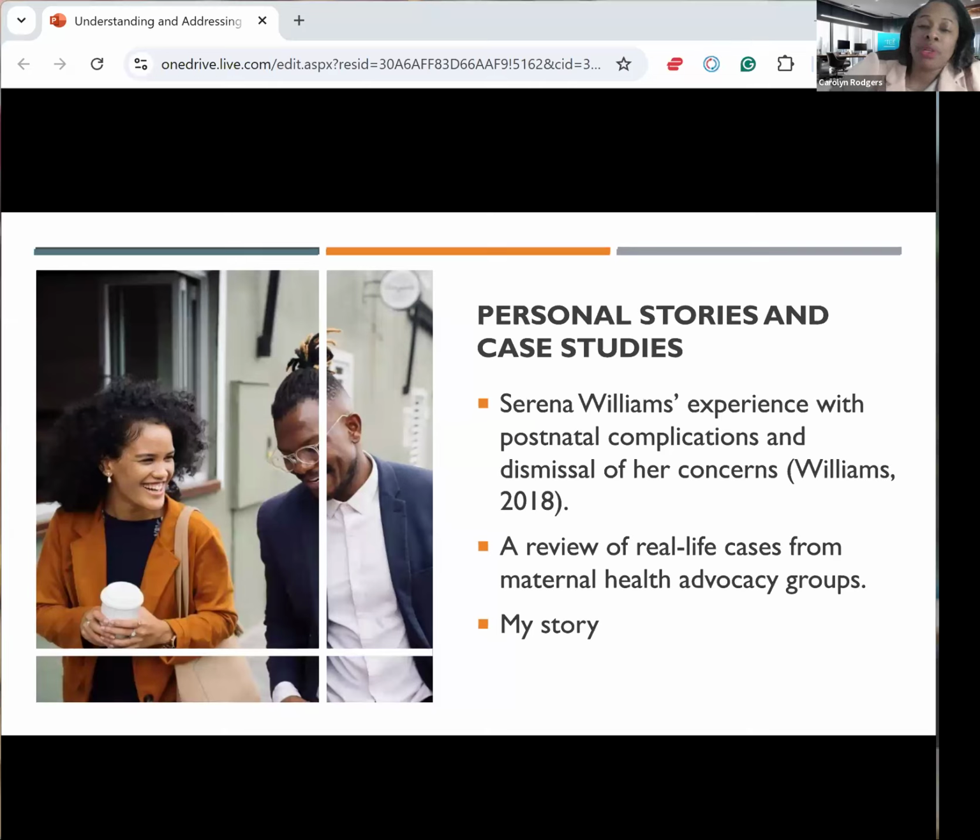Knowing her own medical history, she alerted the nurses and requested a CT scan, and she also requested blood thinners. But instead of being taken seriously, the medical team initially dismissed her concerns, attributing her symptoms to something less serious. They thought she might be confused from pain medication. Serena had to insist repeatedly before they performed the appropriate diagnostic test. And what did they find?